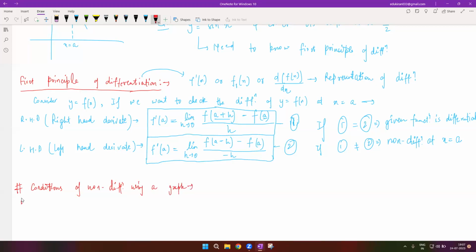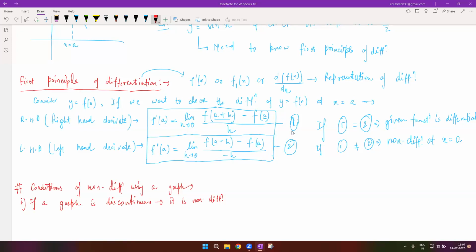So the first condition is this: if a graph is discontinuous, then it is non-differentiable. This is for sure. But the converse is not true.